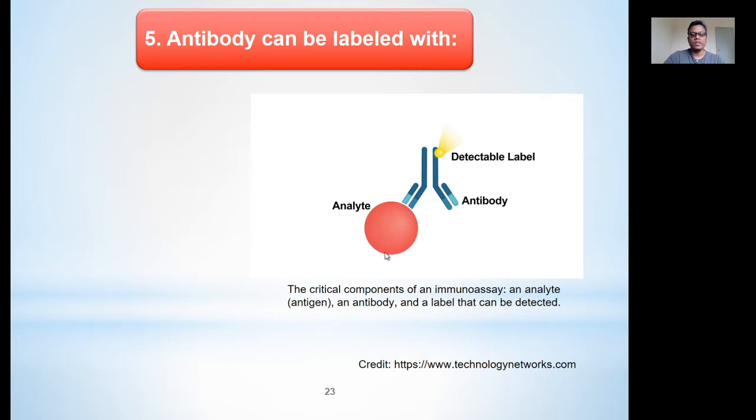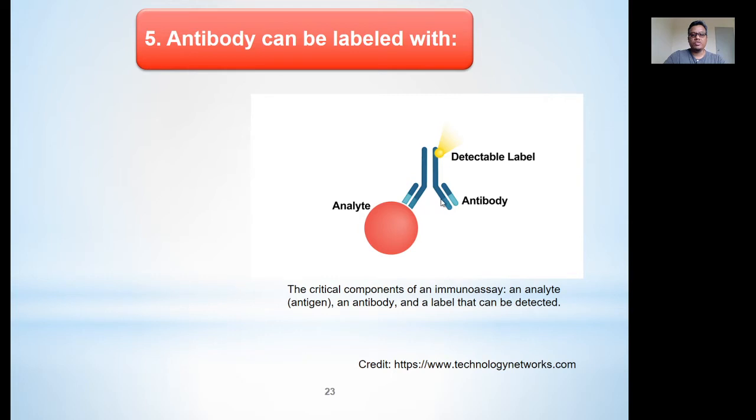This is the thing that we want to test, the thing that we are looking for. We commonly call it the analyte in the hospital or in the diagnostic lab. This analyte can be pathogens, antigens, proteins, or any other substance that can bind with the antibody that we are using.